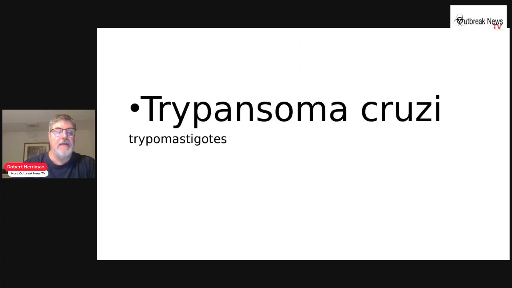Okay, this parasite is a Trypanosoma cruzi trypomastigote. And of course, this is the causative agent of Chagas disease. This differs from related species in the genus, Trypanosoma brucei, the cause of African sleeping sickness, as it's more C-shaped.